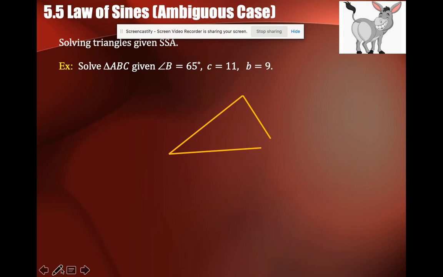All right, so let's do this one. Solve the triangle. So let's set it up here. I don't connect it on purpose, right? I drew an acute angle. It's called B. Opposite of B is 9.